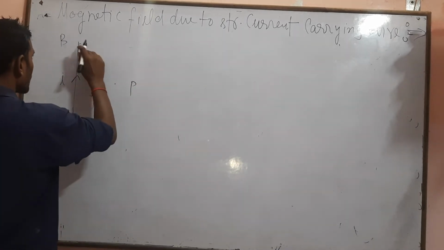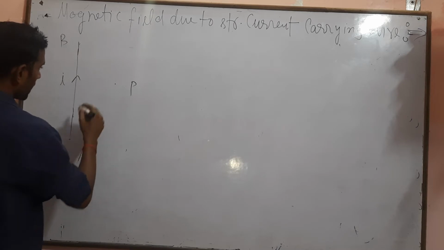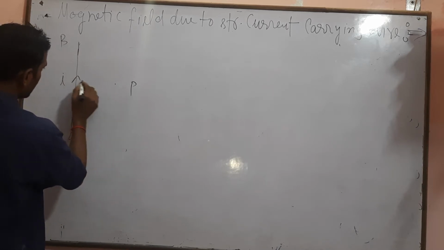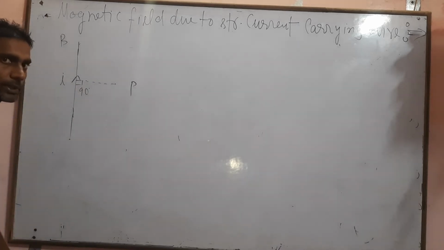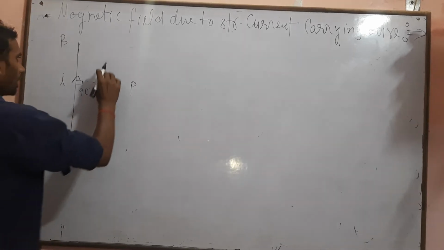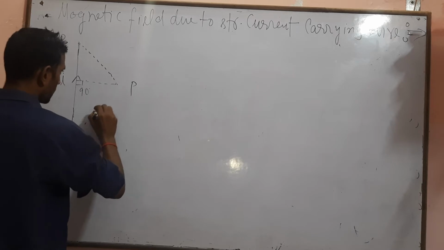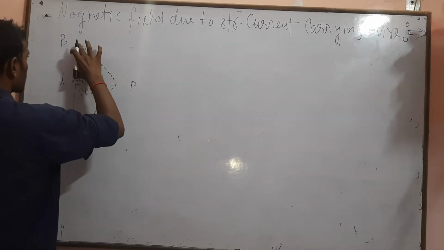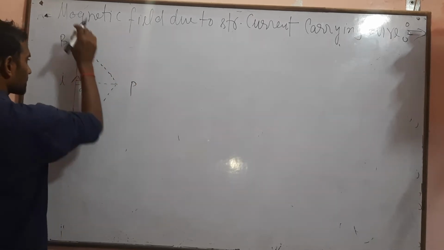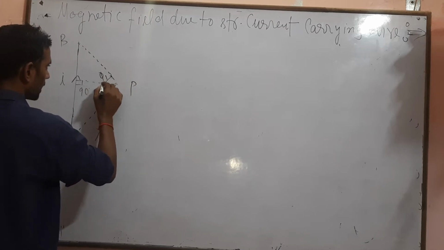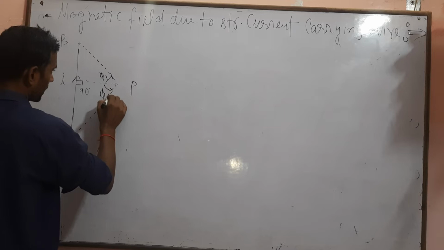Okay, so we are drawing the perpendicular from point P on the wire AB, where this angle is 90 degrees. The angle from point P to this part will be, let us suppose, phi 1, and this one is phi 2.